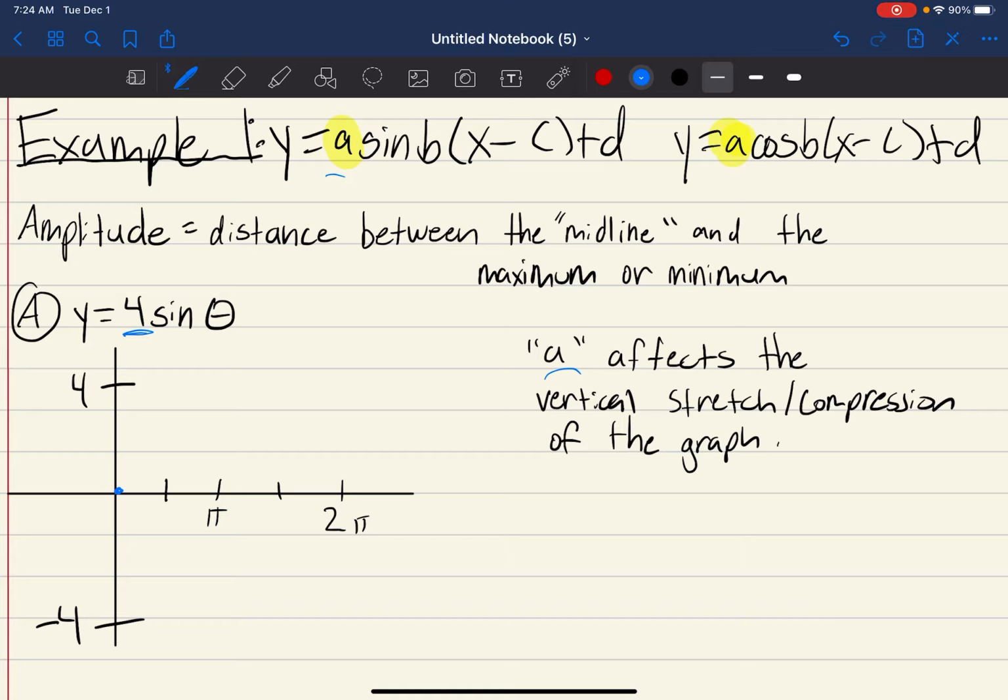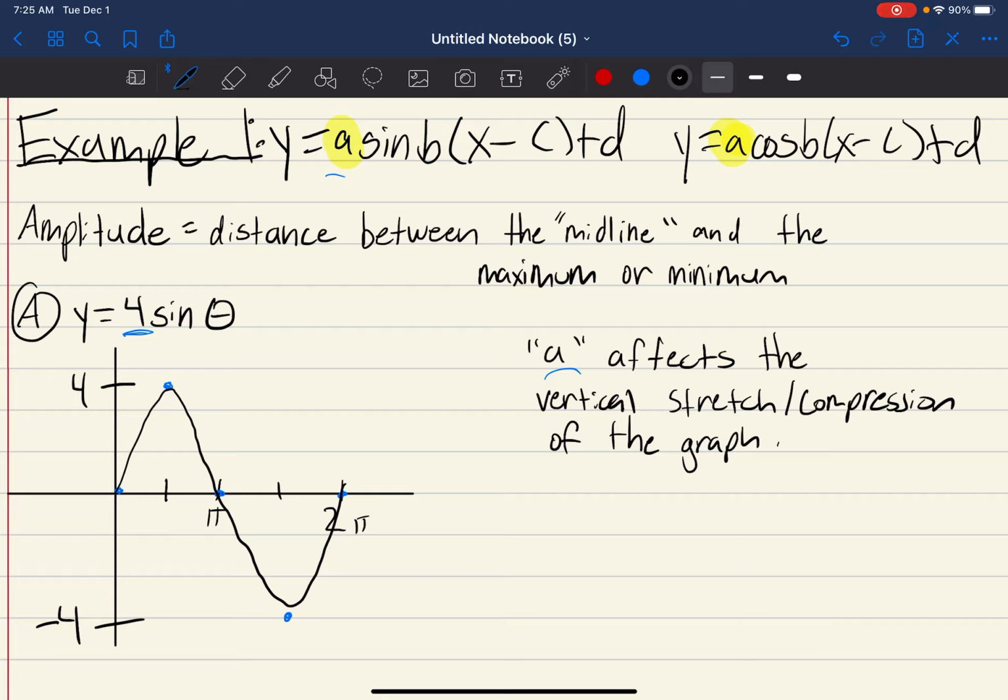Instead of it being 1, let's plug in pi over 2, which is 1. 1 times 4 is 4, so now it shifts up here. And this will be -1, but -1 times 4 is -4. And it'll be 0 again.